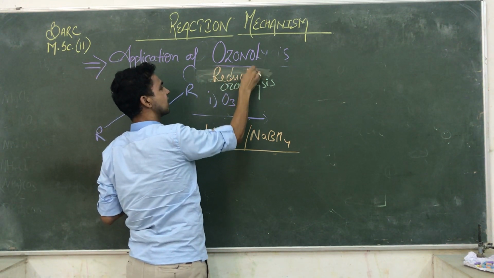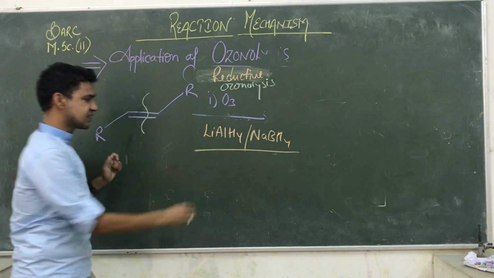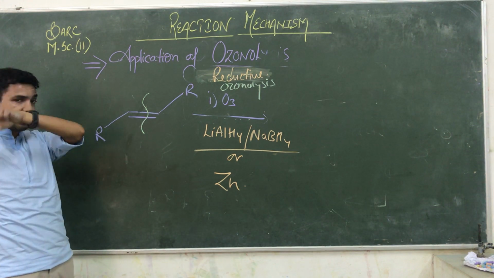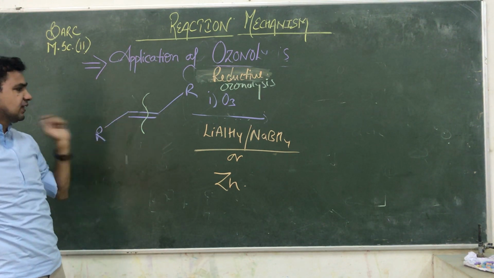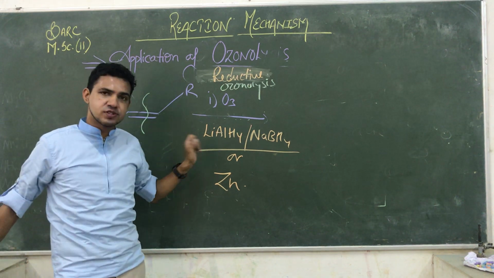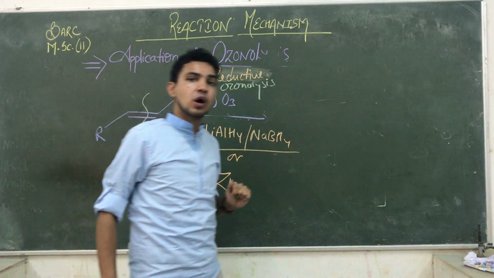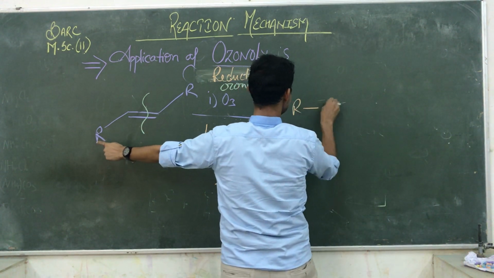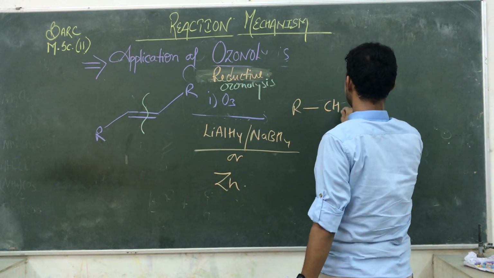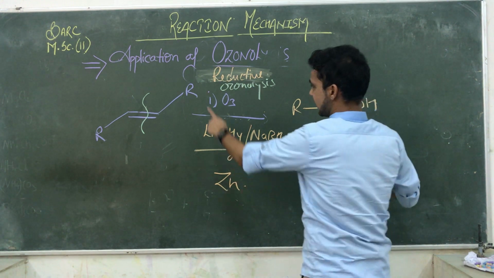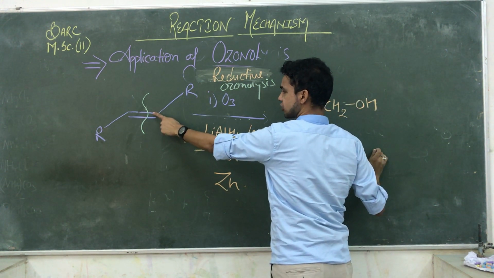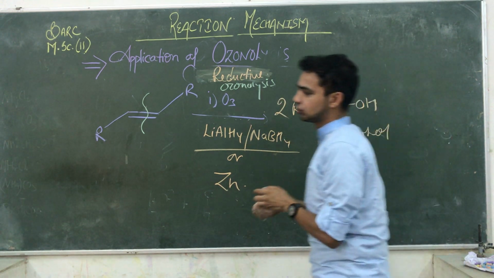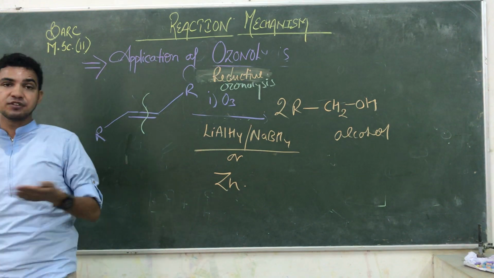And instead of this, if you use Zn, then also it is called reductive. Again, if we are using reducing agents here, they give you an alcohol. So we get an alcohol, R C H2 and OH, the same as R C H2 and OH. Two molecules of alcohol. That is a trick, a small way to identify the product.